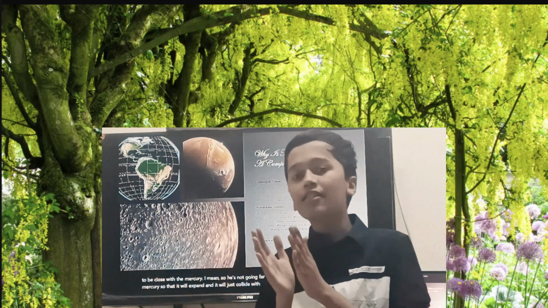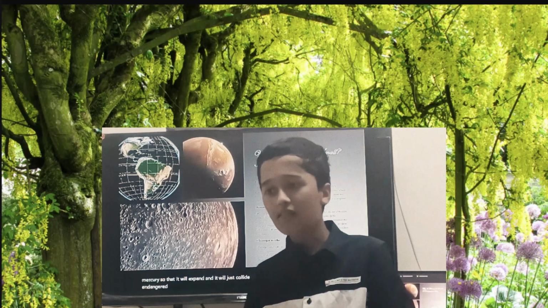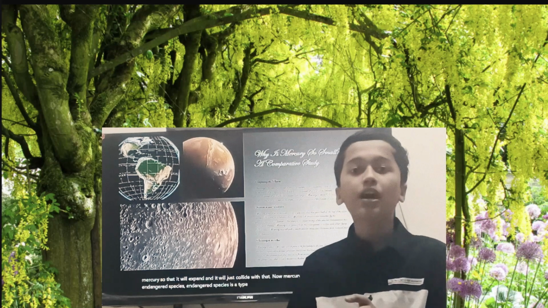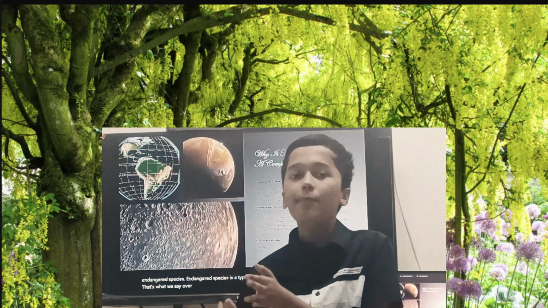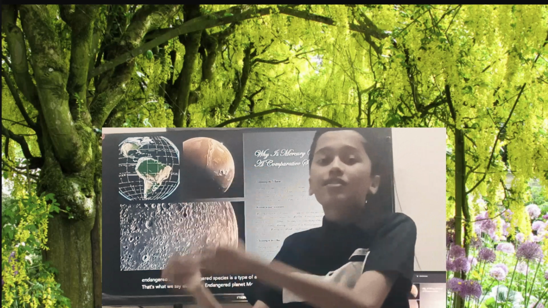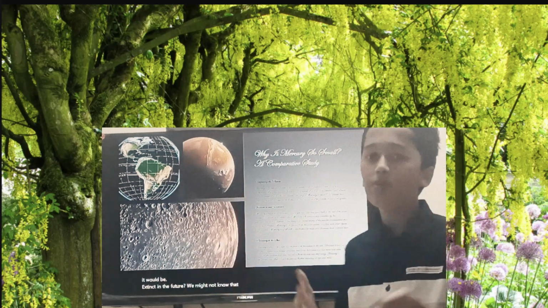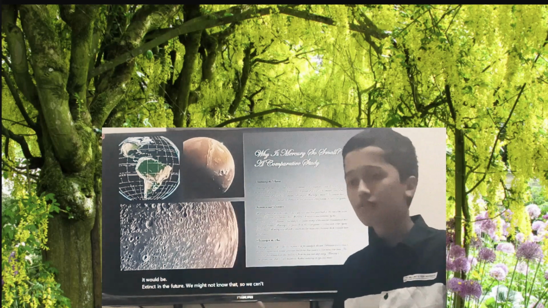Now, Mercury is a type of endangered species. An endangered species is a species that will become extinct. That's what we say here, an endangered planet. Mercury is becoming a planet that will be extinct in the future. We might not know that, so we can't protect it because it's just nature's law.